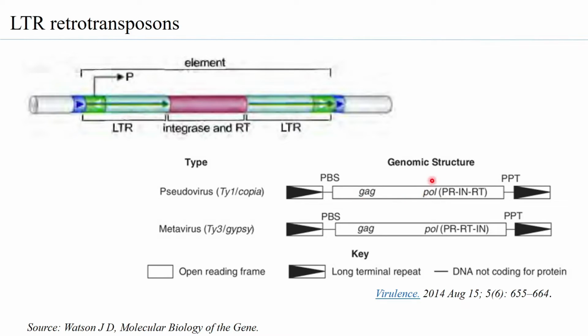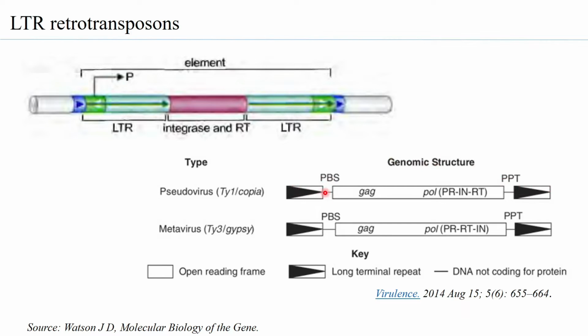And in terms of the genes that are responsible for giving rise to enzymes that are involved in the transposition, you have proteases, you have integrases, and you have reverse transcriptase. And flanking both the sides of this, you have what is termed the long terminal repeats.